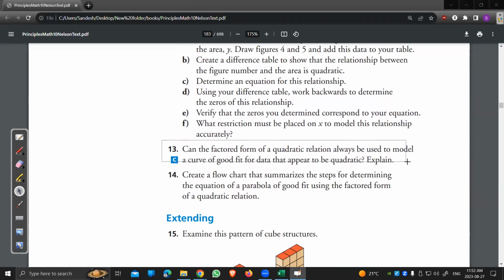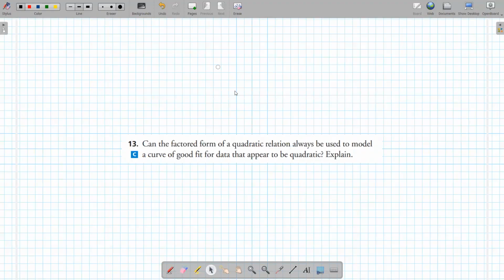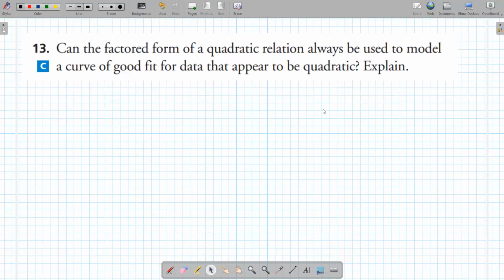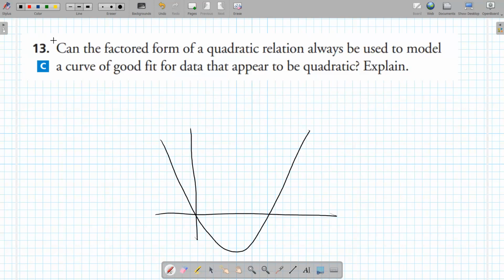And here's this communication question. Can the factored form always be used to model a curve of good fit that appears to be quadratic? What do you think? Yes or no? Can you always use the factored form?